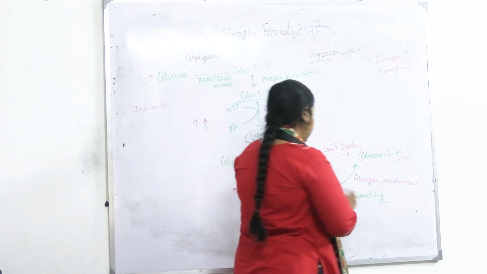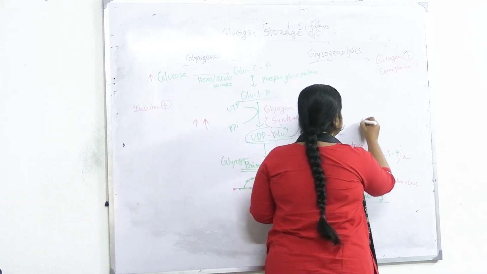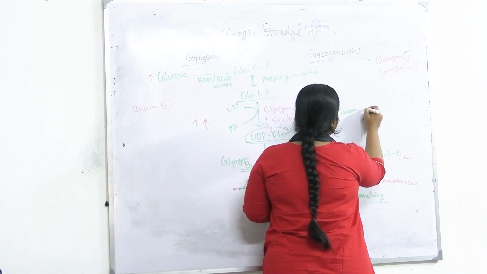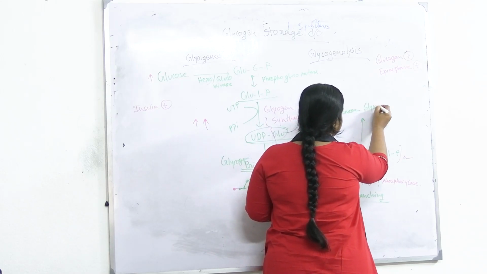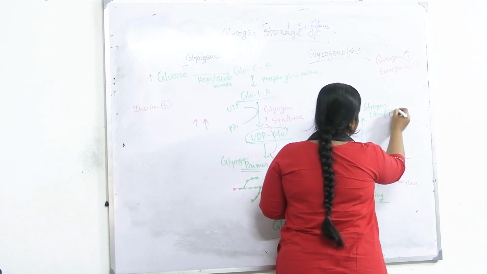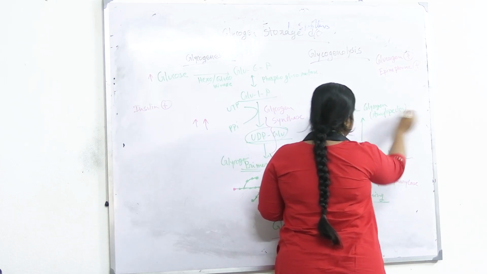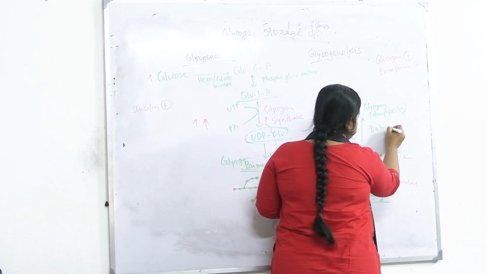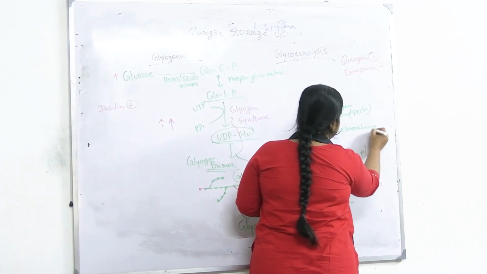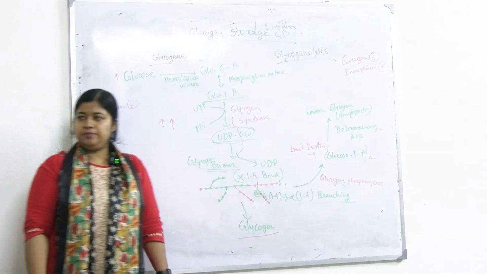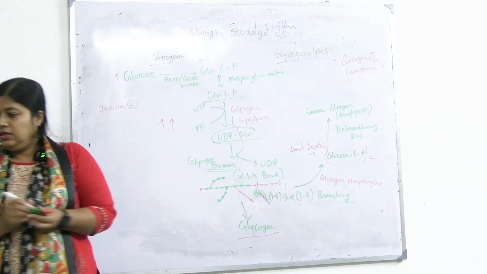So next step, linear glycogen, that is known as amylopectin or straight chain. It is done by the debranching enzyme. So what happens?